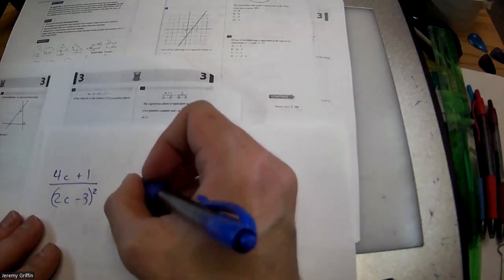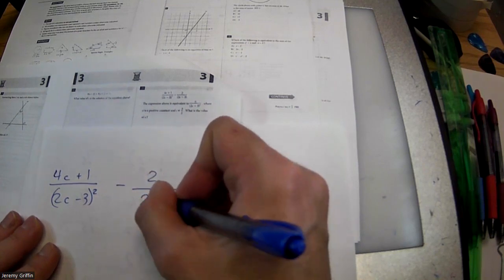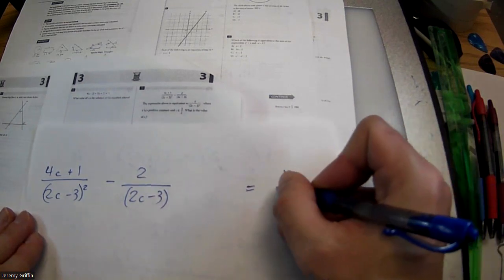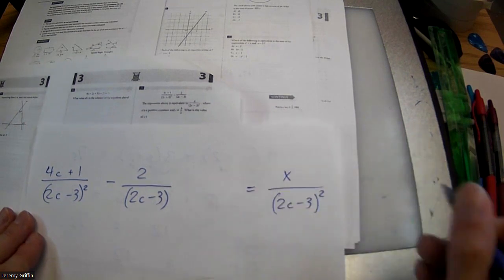So you've got 4c plus 1 over the quantity 2c minus 3 squared, minus 2 over 2c minus 3, equal to x over the quantity 2c minus 3 squared. I'm going to leave a space.